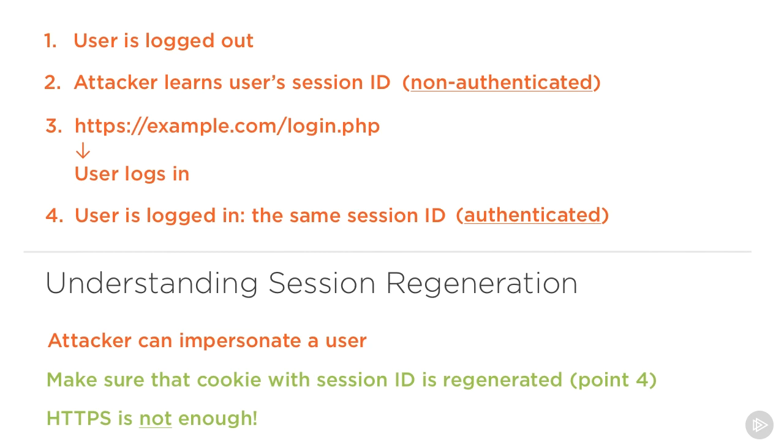When session ID is not regenerated at the time of authentication, then the attacker who learned user's session ID at point number 2 can impersonate a user at point number 4, and this is completely independent of HTTPS protection at point number 3. So as you can see, indeed, HTTPS is not enough. You also have to remember about secure session management.